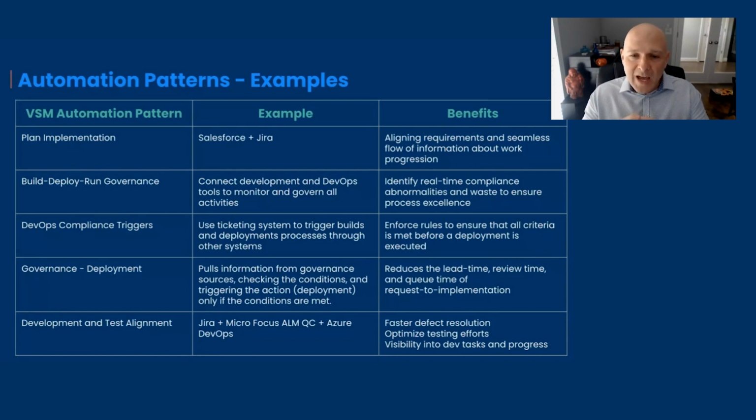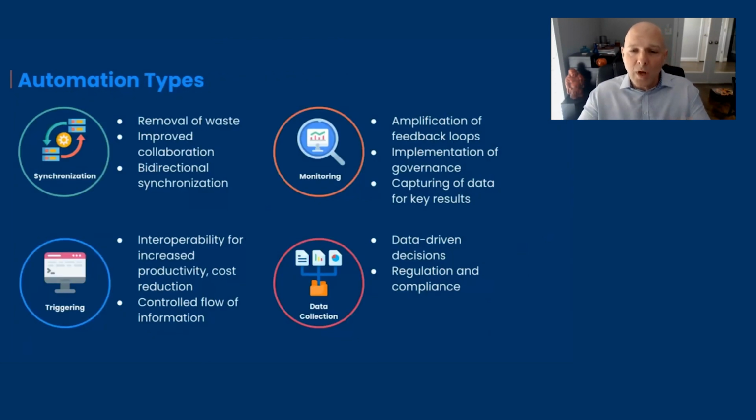Now comes the last and final piece to the building blocks, and that is the automation types, which will help us implement these patterns and be able to start building the processes across my different stakeholders. Now, the thing to understand here that separates us from our competitors, we're talking about automation types, not integrations.